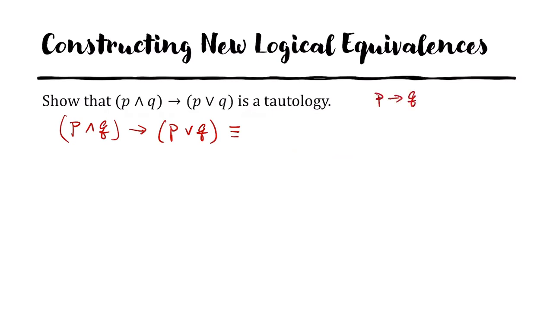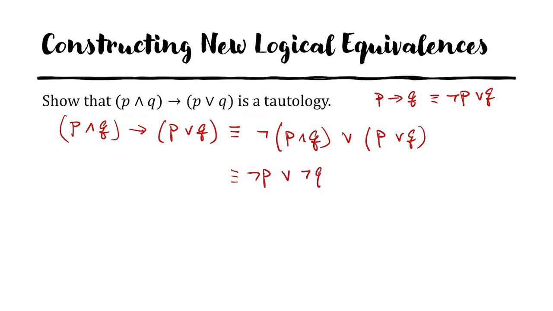And we know P implies Q is congruent to not P or Q. So we can have not (P and Q) or P or Q. Now we will negate P and Q with not P or not Q. We have or P or Q.